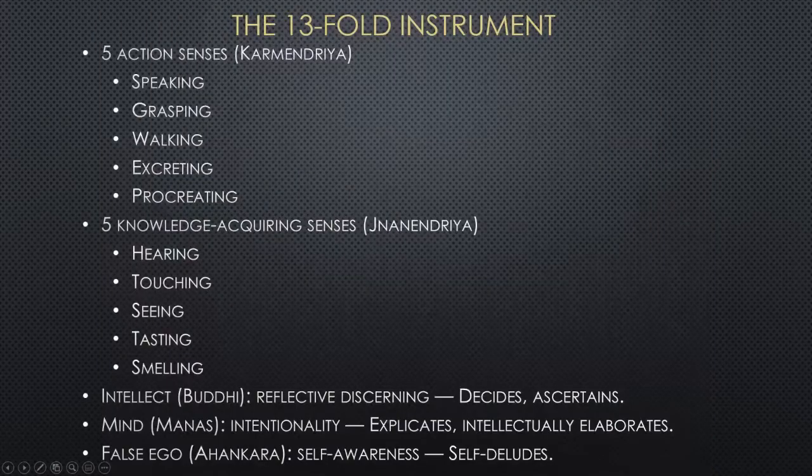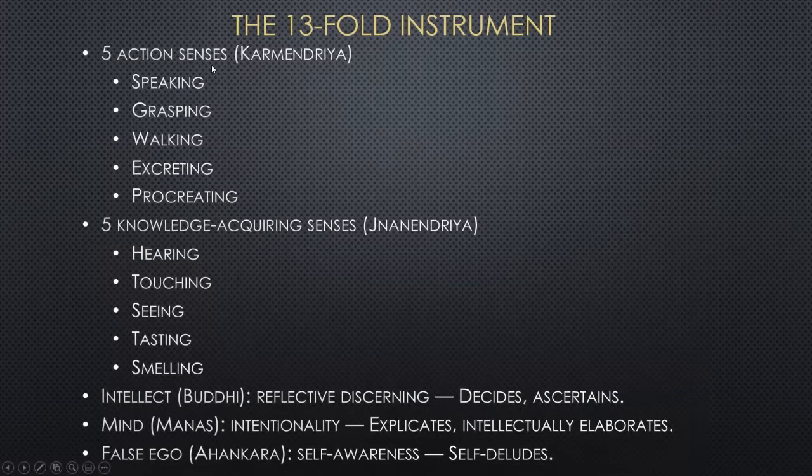Now, we were saying that we were going to try to understand perception, because we want to know why we can't see these realms of the demigods. Well, according to Sankhya philosophy, we have this 13-fold instrument, which is basically the 5 action senses, or karmendriyas, and the 5 knowledge-acquiring senses, or jnanendriyas.